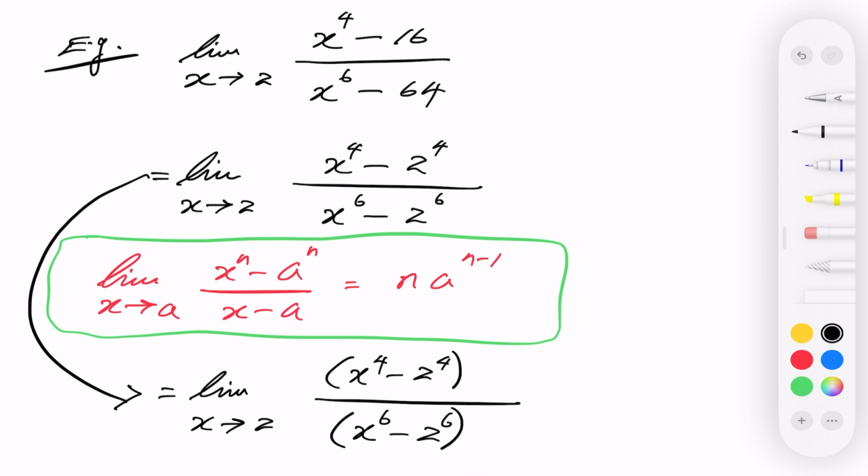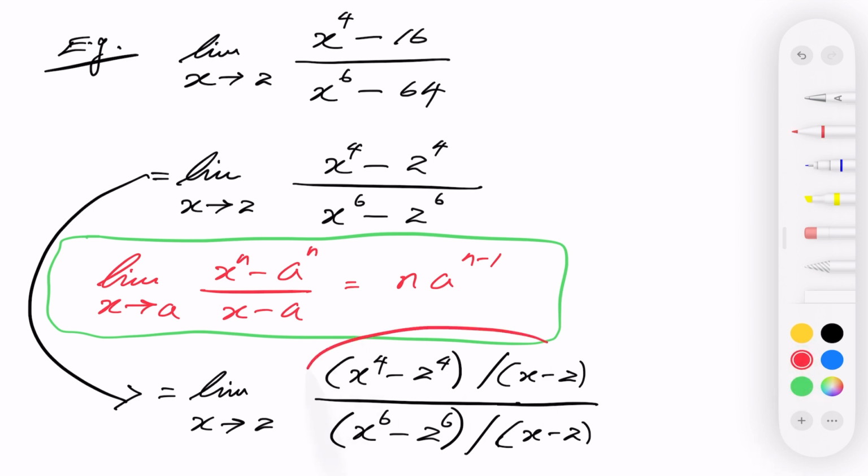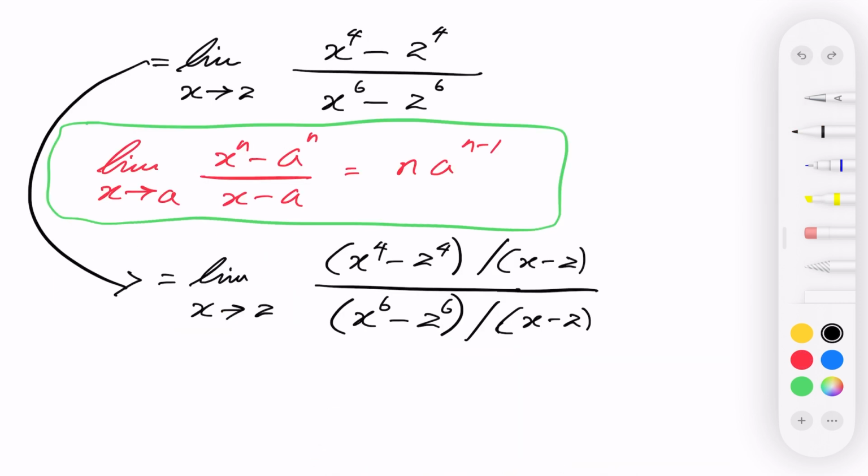What I'm going to do is, I'm going to divide both top and bottom by x minus 2. When I do that, I can apply our nice theorem separately for the numerator and for the denominator. Then we are done. Therefore, let me go ahead and apply our theorem for the numerator.